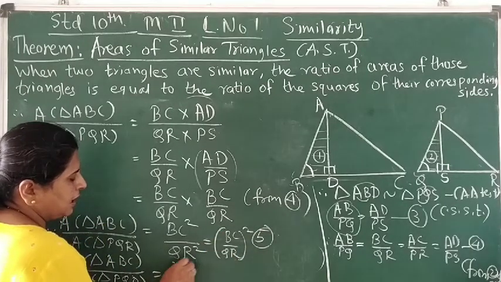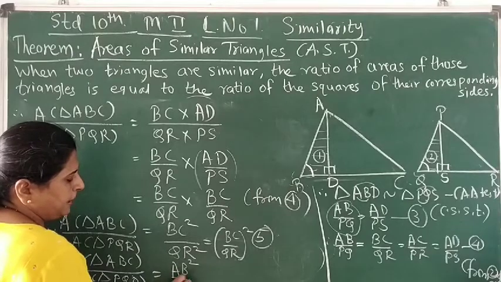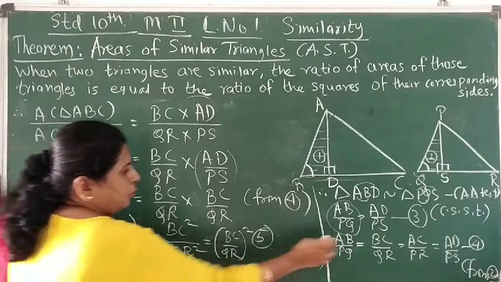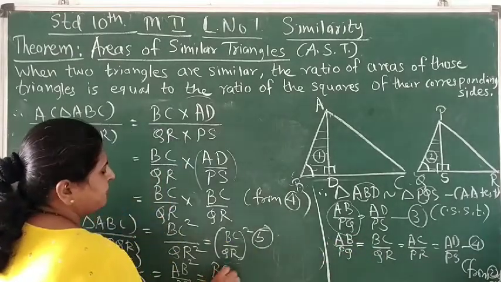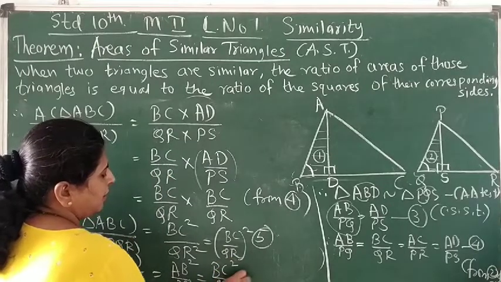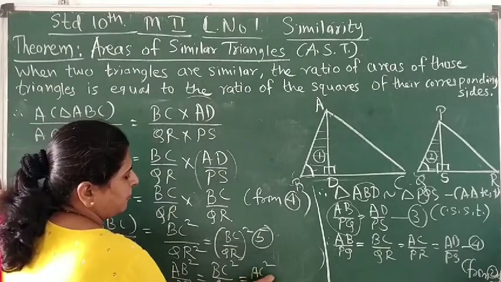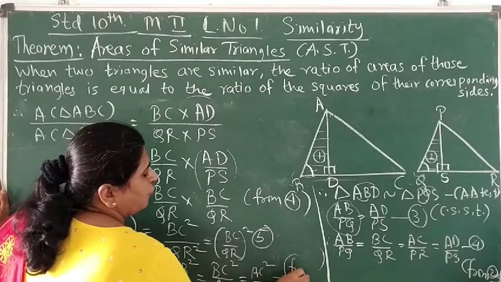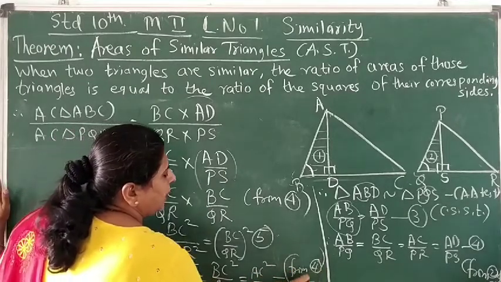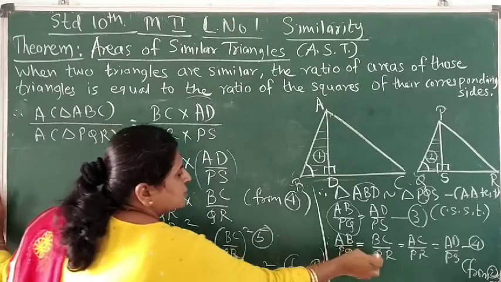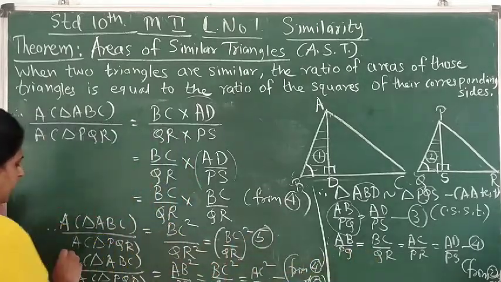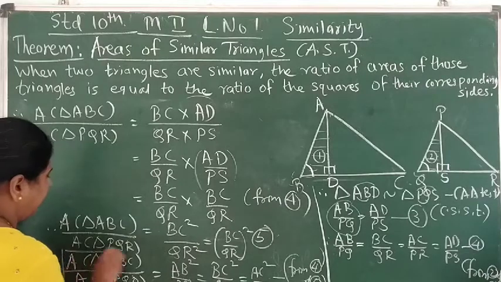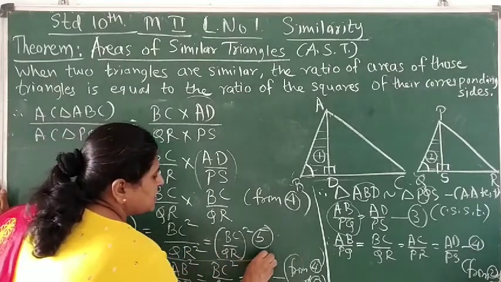So here we can say AB square upon PQ square is equal to BC square upon QR square is equal to AC square upon PR square. This we stated from 4 and 5. So from these two statements we can say the required statement which we want to prove is proved.